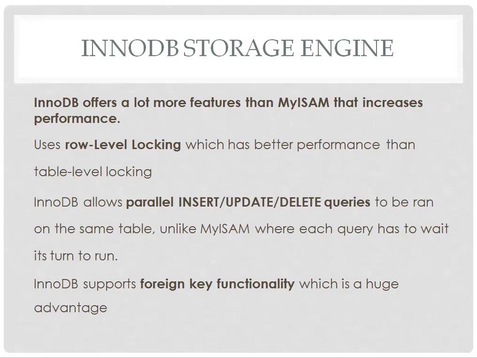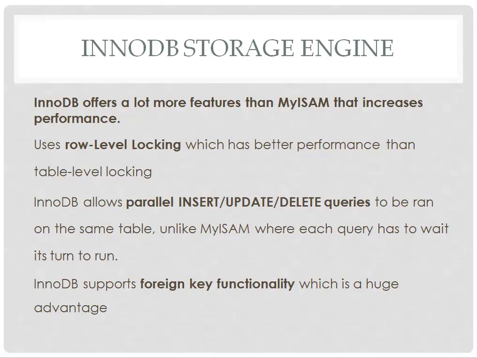Okay, the InnoDB storage engine has a lot more features than the MyISAM engine. That's why it's now the default for MySQL. It uses row-level locking, which has better performance. It allows parallel insert, update, and delete queries to be run on the same table, unlike MyISAM, where each query has to wait for its turn. InnoDB supports foreign key functionality, which is a huge advantage.